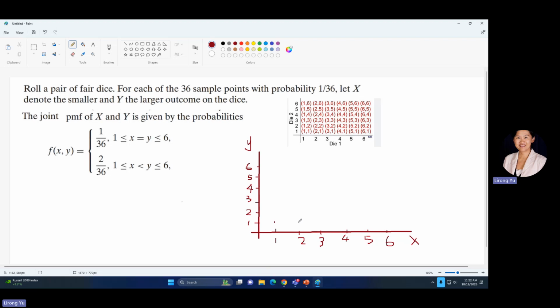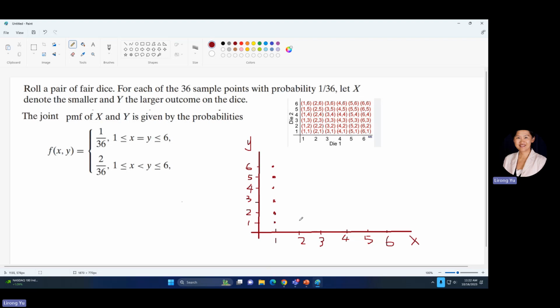That's not right, because x is the smaller and y is supposed to be bigger. So 1, 2 is fine, and 2, 1 is not. Then we could have 1, 3, 1, 4, 1, 5, or 1, 6. Any pair that has x smaller than y is fine.